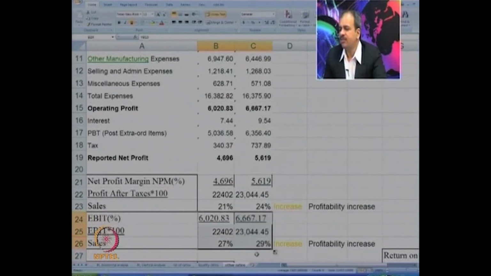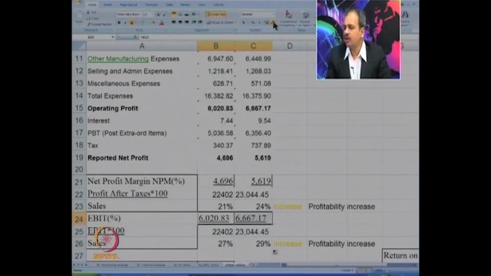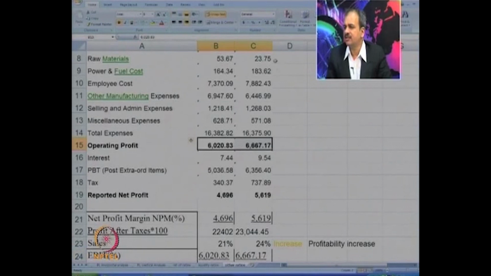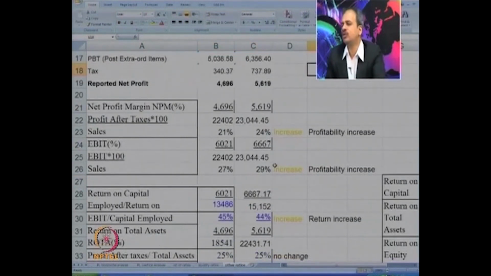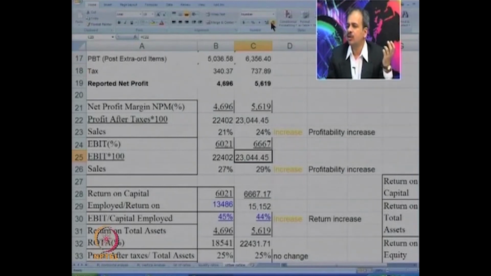So, 27% was the figure in the first year, now it has gone down to 24%. I am just trying to reduce the decimals so that it is more clear to you. So, I hope you are getting it. So, 6021 is a profit on a sale of 22,000. That shows the company's overall profitability position has changed by about 2% vis-a-vis sales.